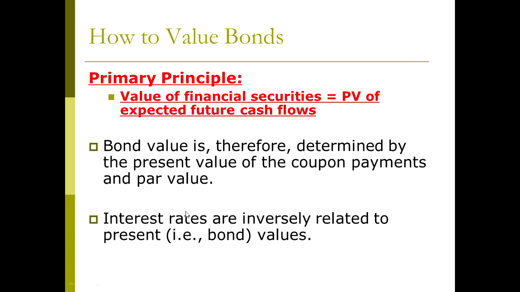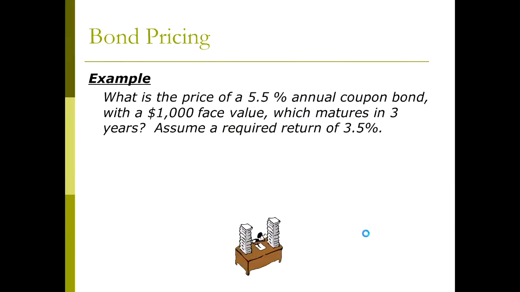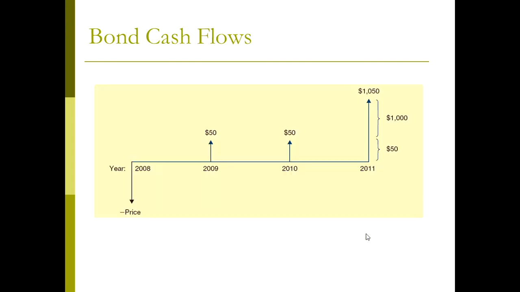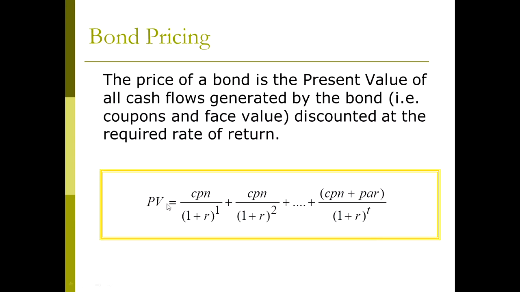So the interest rates are inversely related to the present value of the bond, because if you go back to the formula, present value and the discount rate are negatively related to each other because the discount rate is in the denominator.